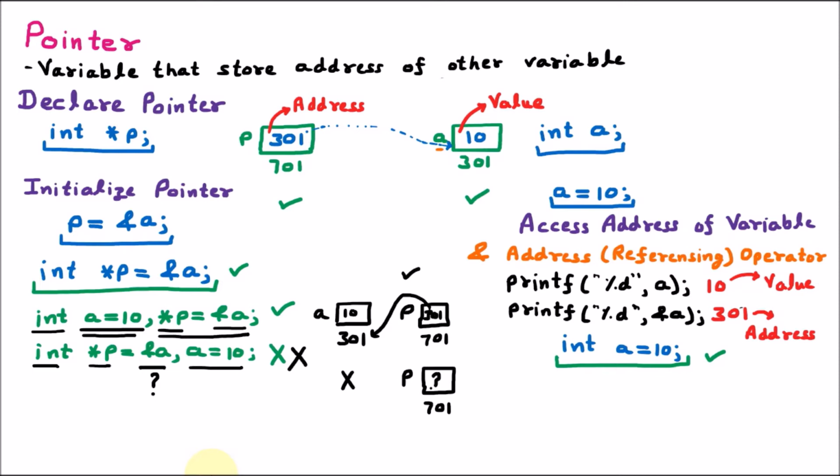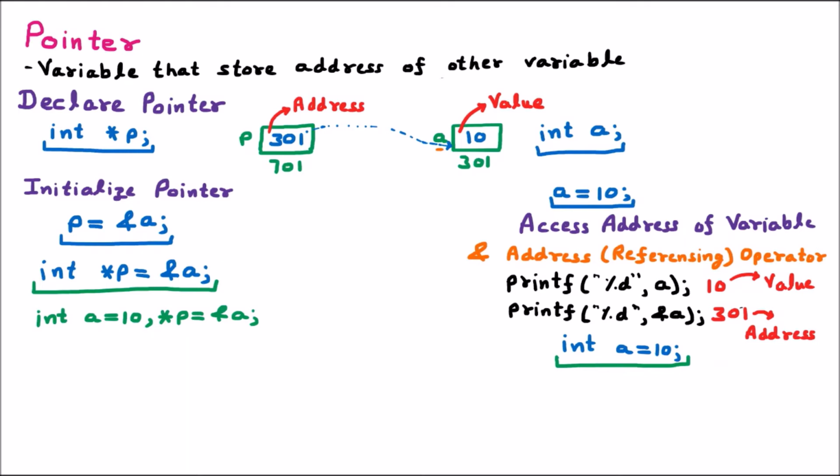Now we are going to test some print statements on the pointer. Let us suppose that I am writing a statement which is printf. Now afterward, within the bracket, I am writing %d, that is for the integer value. Now I am writing p. We know that p is the pointer. You simply understand, we have used the same statement on the variable. We have used printf %d a.